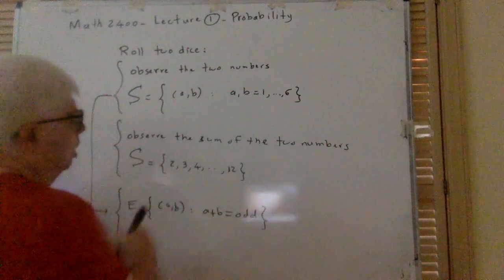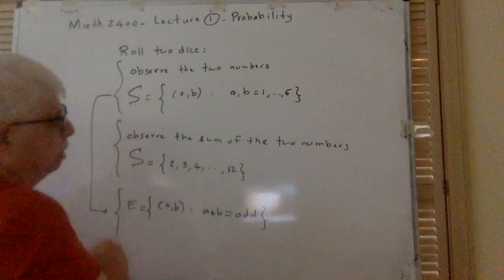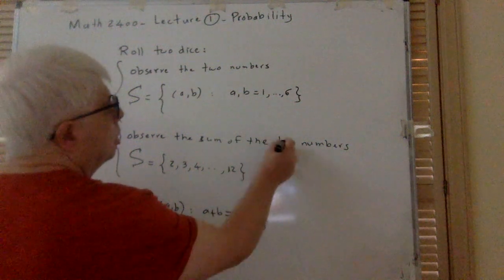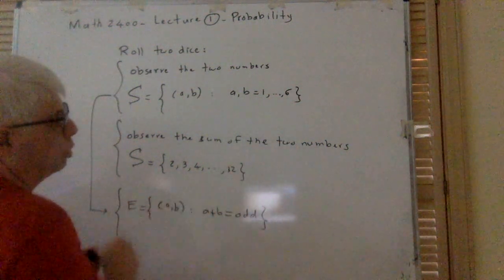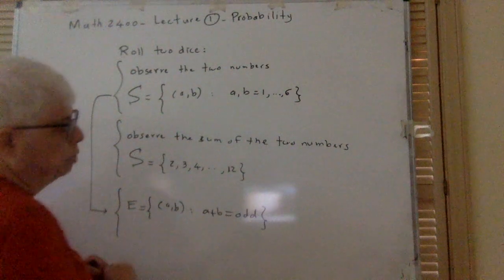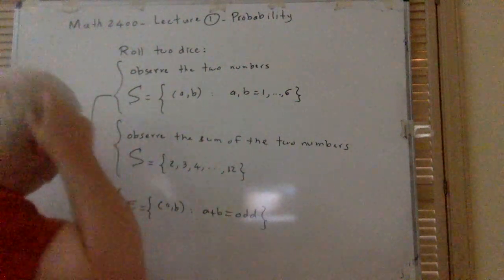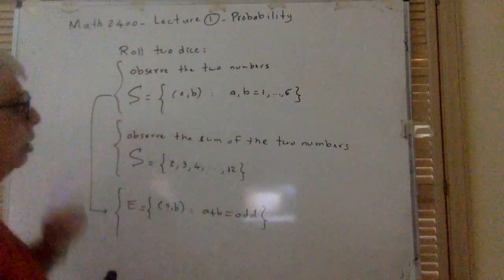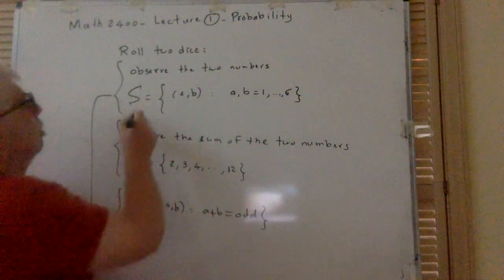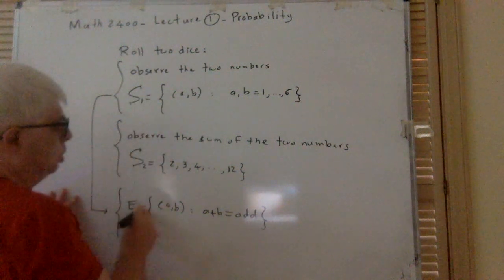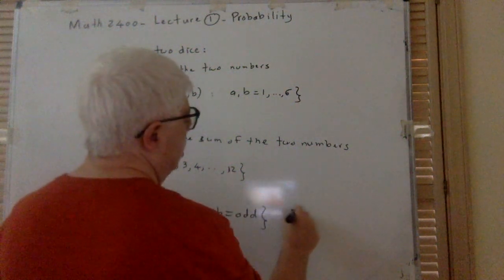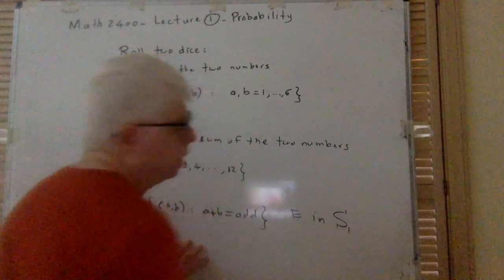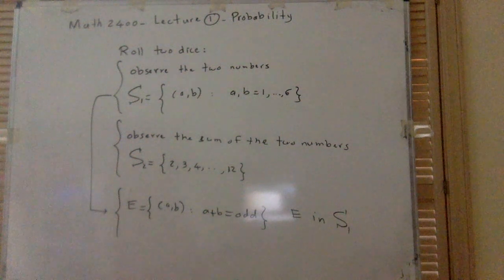We can also talk about rolling and observing the sum of the two numbers, then what's the event of observing an odd number. So let's number them S1 and S2. So this event is an event in S1. Okay, that's an event that happens in S1.